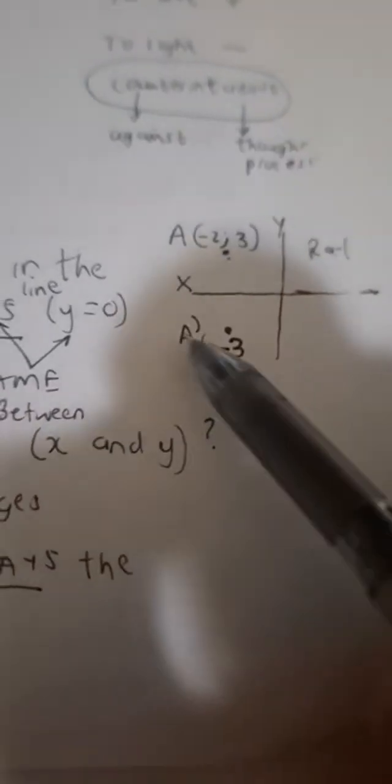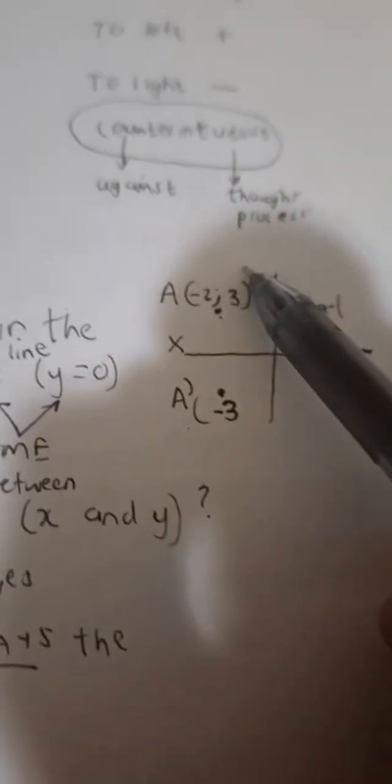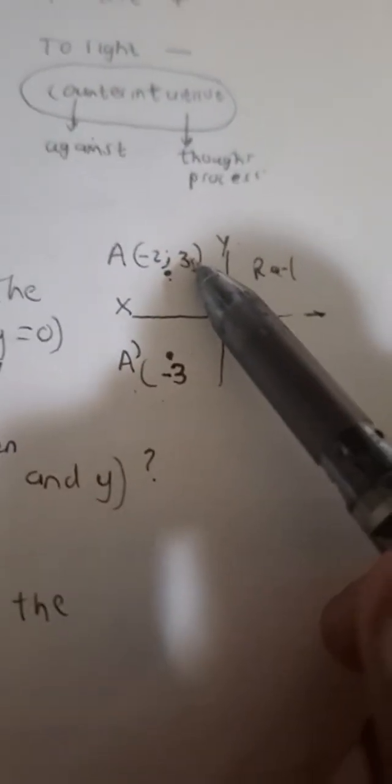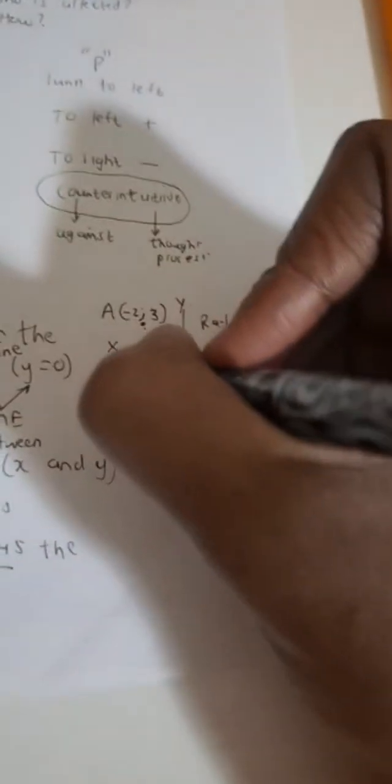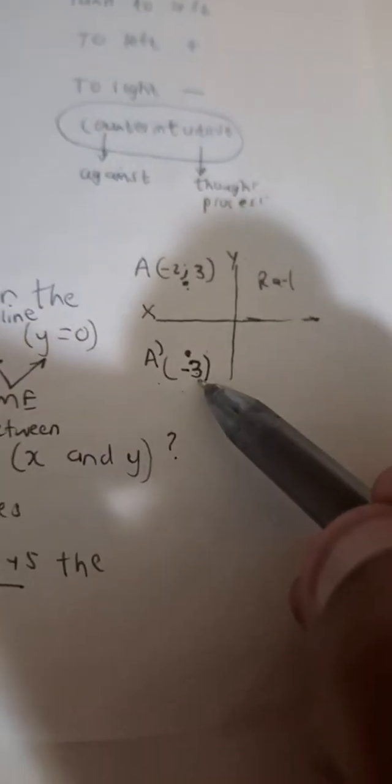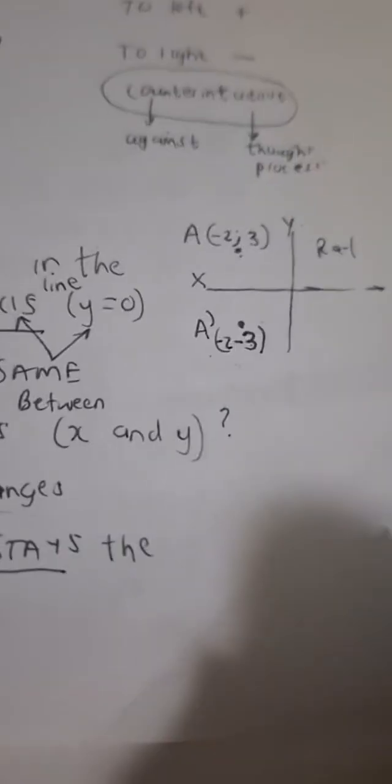So the new y coordinate for the image, formed by reflecting A in the x-axis, is going to change. Y from being +3 is -3. But the x value, guys, won't change at all. It is staying the same.